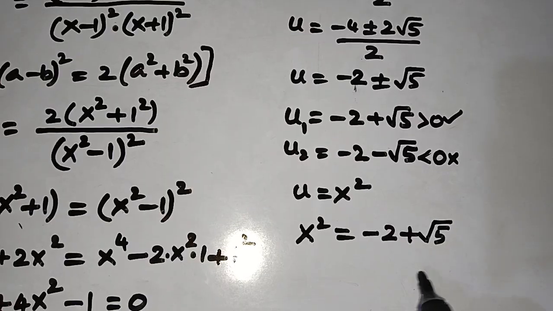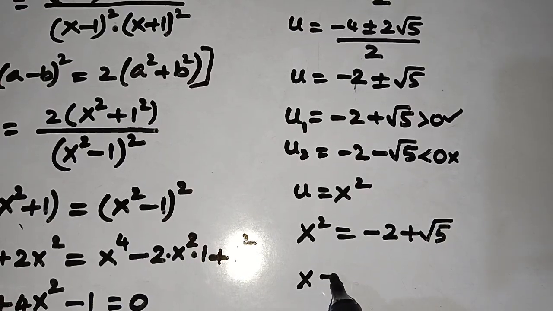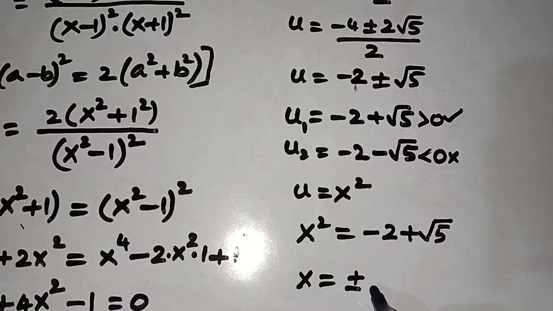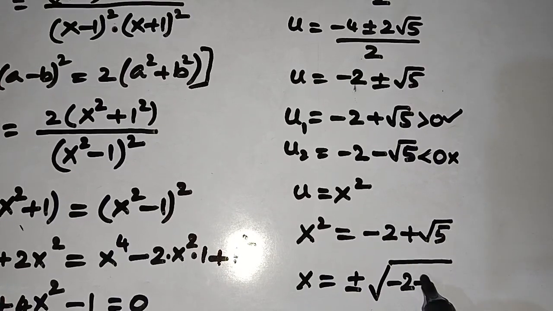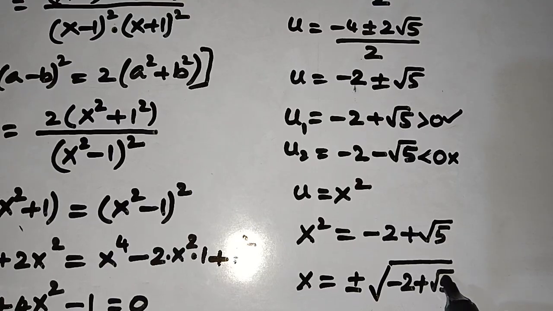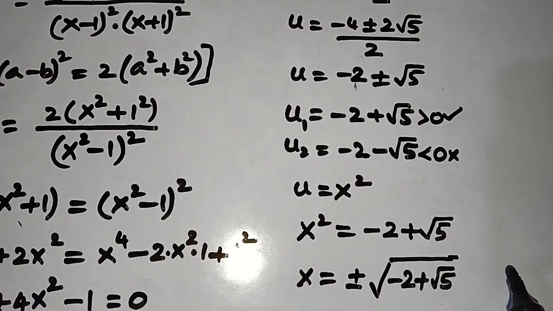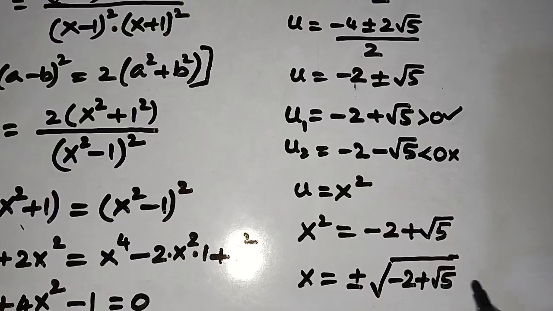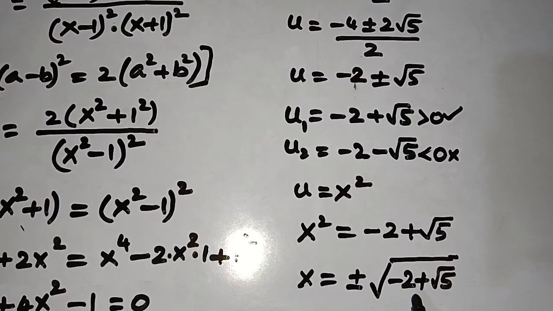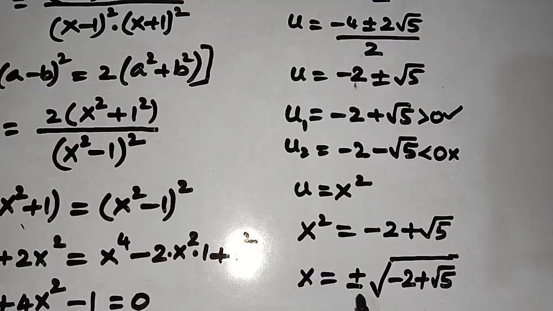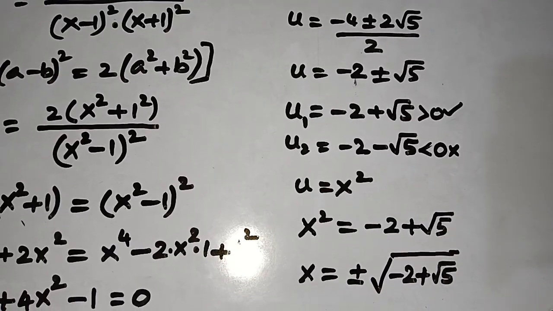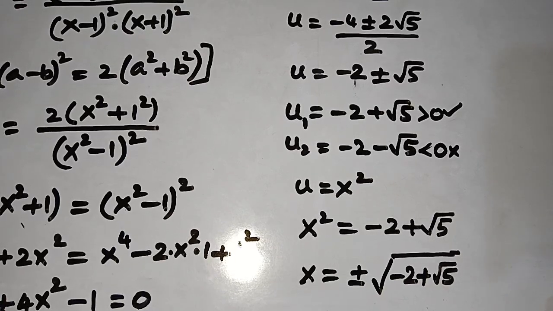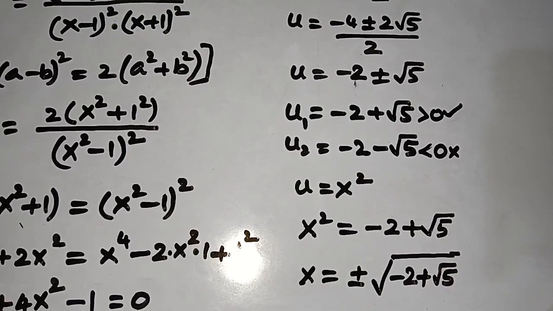When x square is minus 2 plus root 5, x is equal to plus or minus square root of minus 2 plus root 5. So one value is root of minus 2 plus root 5 and the other is minus root of minus 2 plus root 5. This is the solution to this given interesting problem.